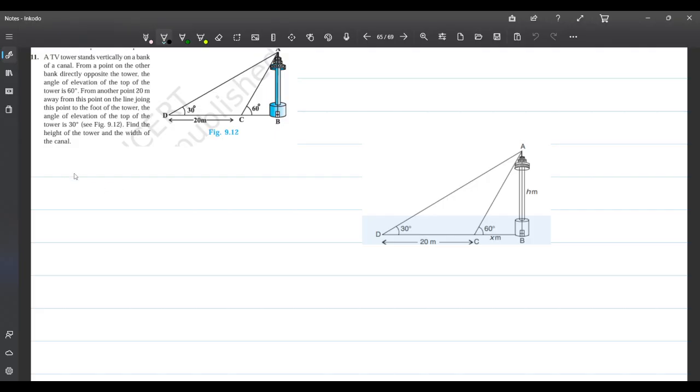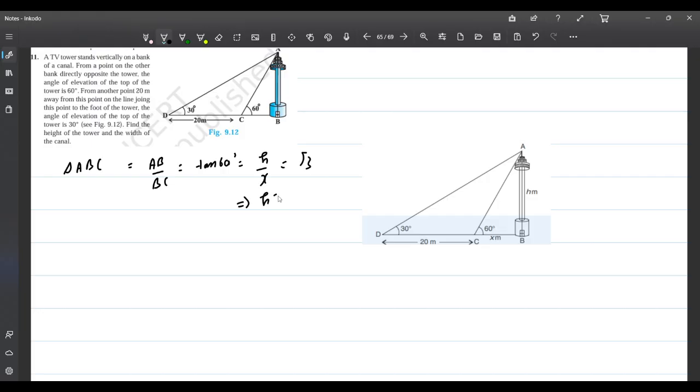So in triangle ABC, AB upon BC is equal to tan 60 degrees, and this is equal to h upon x, which is equal to root 3.